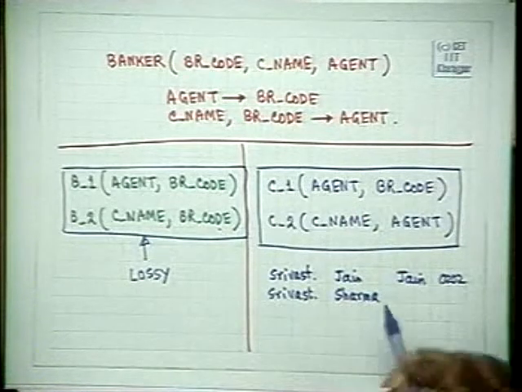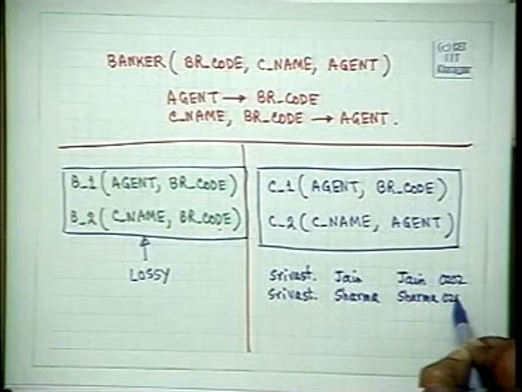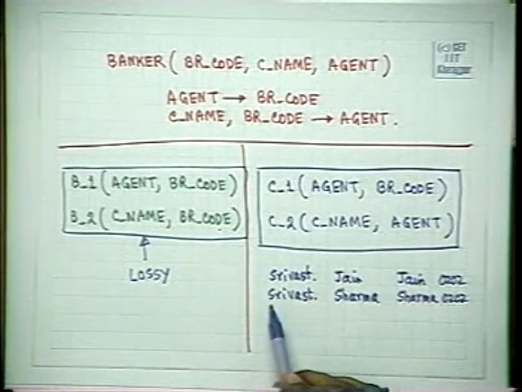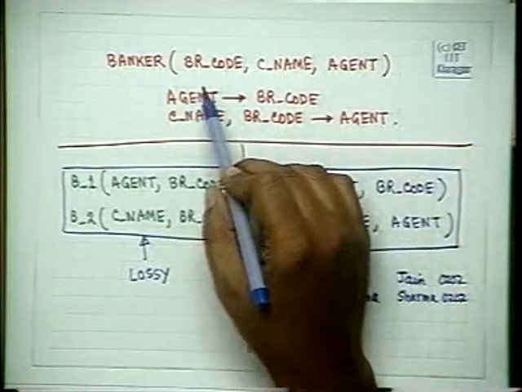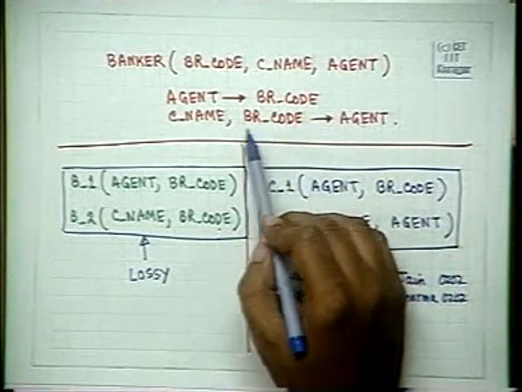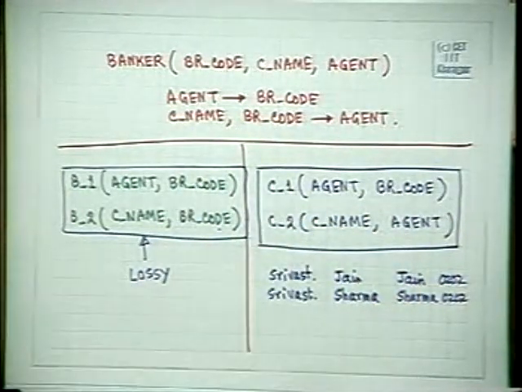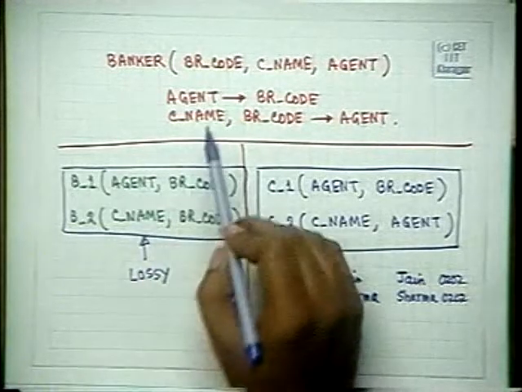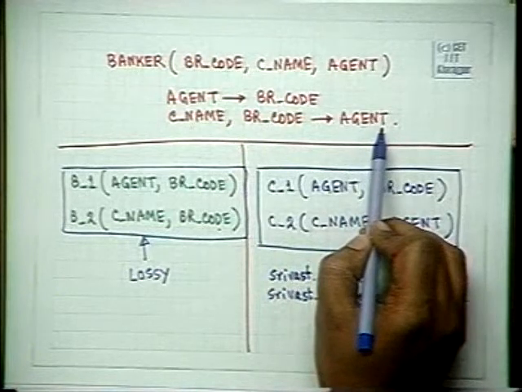Both Srivastava Jain 0202 and Srivastava Sharma 0202 would be a problem, because Srivastava on 0202 has got only one agent.